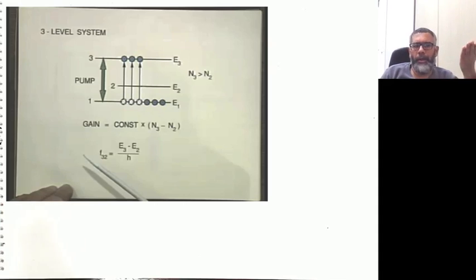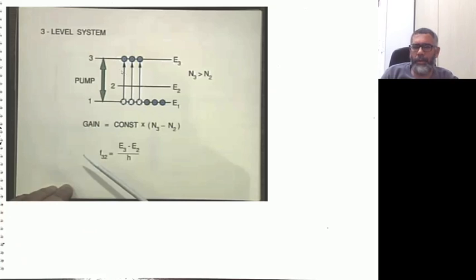You must always have a higher number of electrons or atoms on the excited level in comparison to the ground state level. This is called population inversion, and it can only be satisfied if you have more than 2 energy levels.